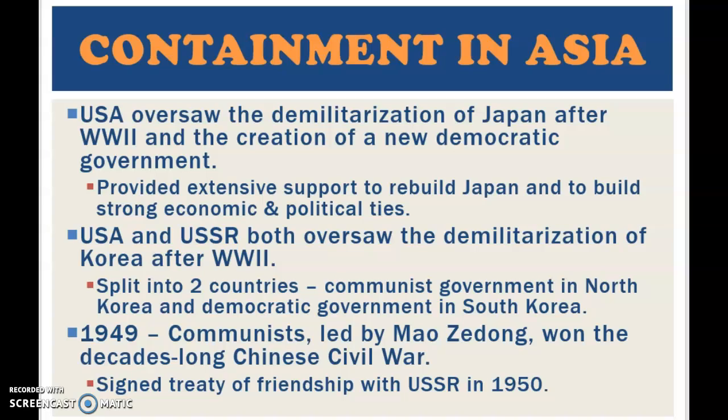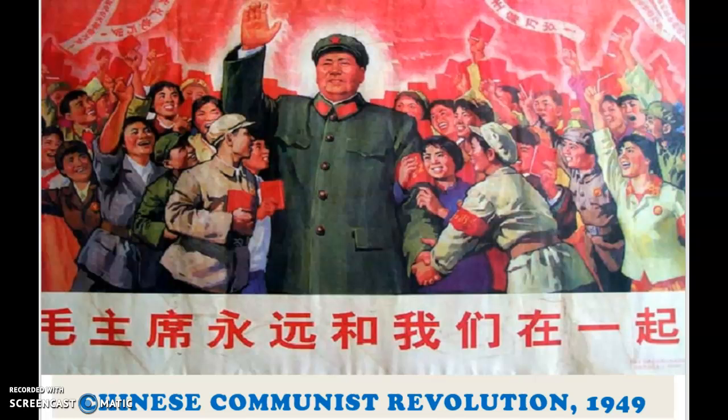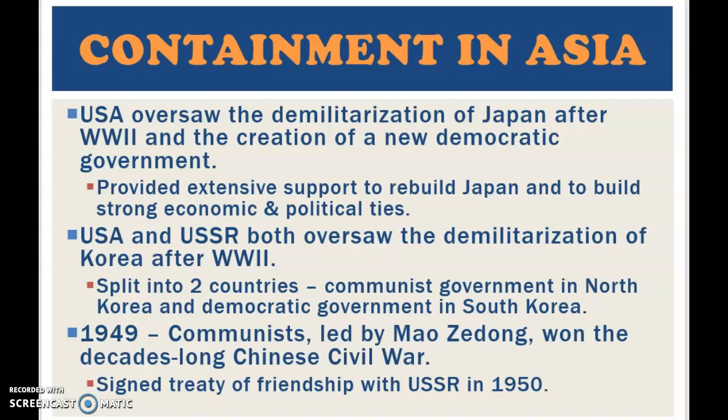Also, we see our attempts to control and contain communism in China, although this is not as successful, all right? Communists led by this guy, Mao Zedong, are going to lead a successful communist revolution in China in 1949. There was this decades-long Chinese Civil War, and the communists are going to win, basically.